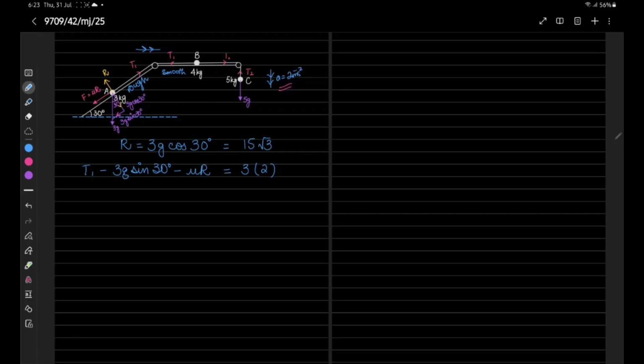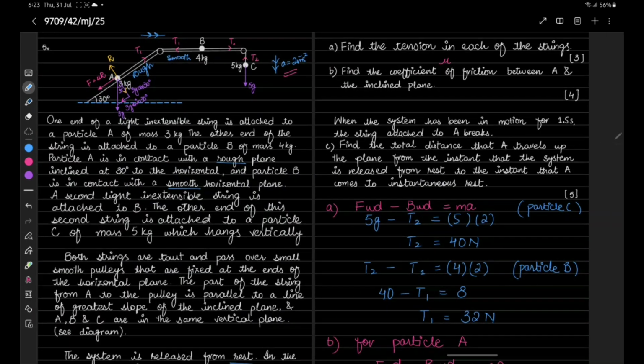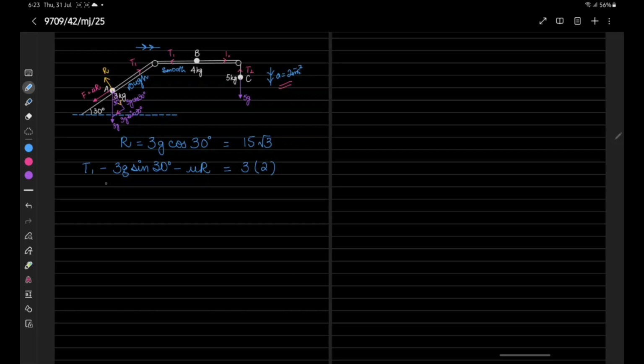Okay, so now substituting in the values here, T1 we found to be 32 newtons. So 32 minus 30, and sine 30 is 1 over 2, so minus 15 minus mu times 15 root 3 equals to 6. And now solve it.